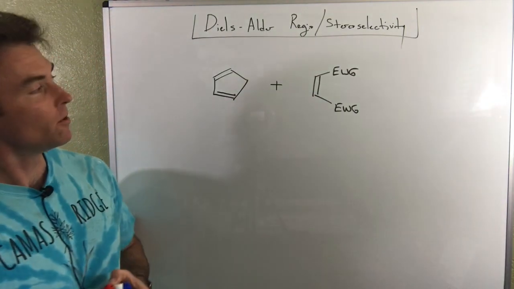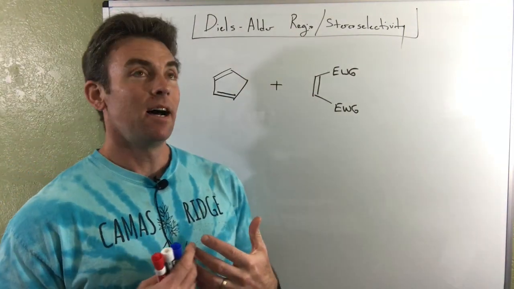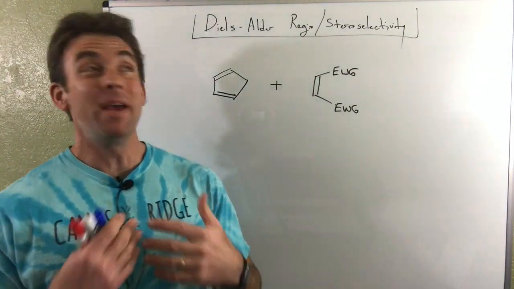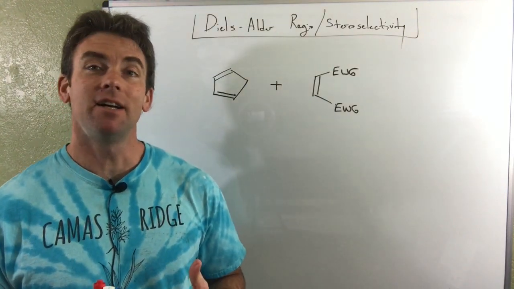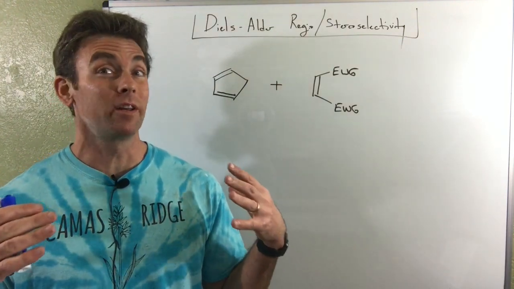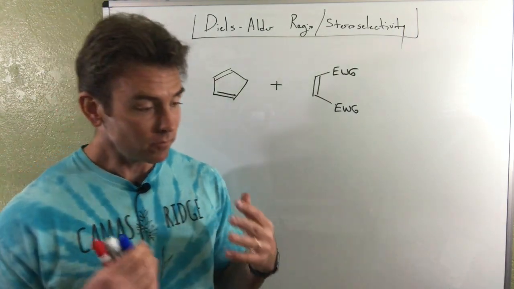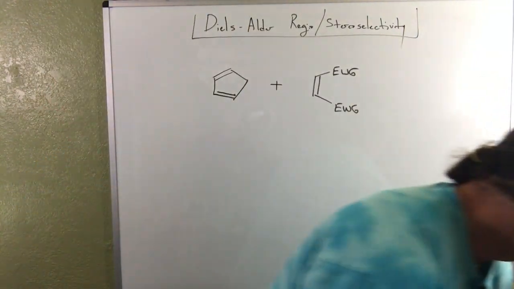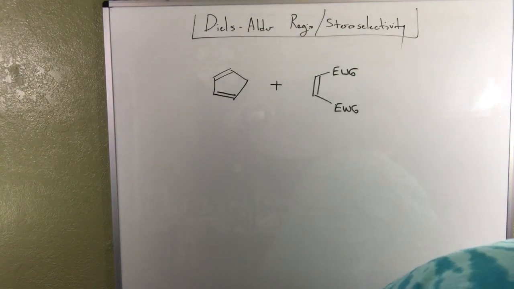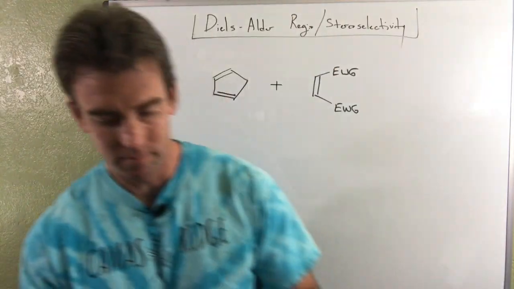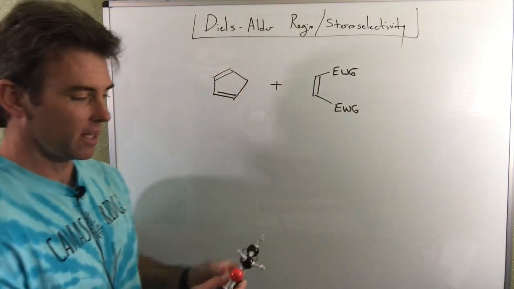So what we're going to do is recognize that one of the amazing things a Diels-Alder reaction does is put all kinds of really awesome three-dimensionality into a product. So I grabbed two different model kits and stuck a bunch of stuff together.